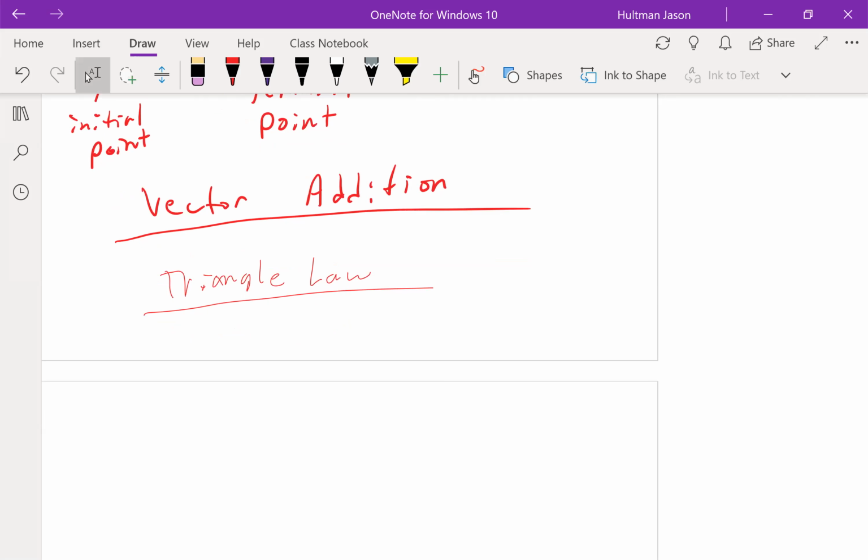The triangle law says that vector AB plus vector BC is equal to vector AC. Okay, vector AB plus vector BC is equal to vector AC there. So BC, I'm going to make this a little slantier.